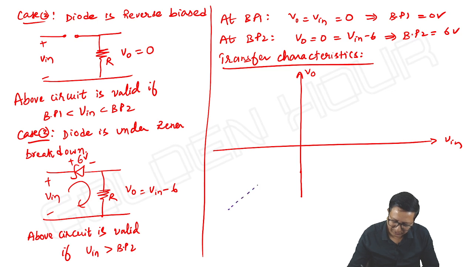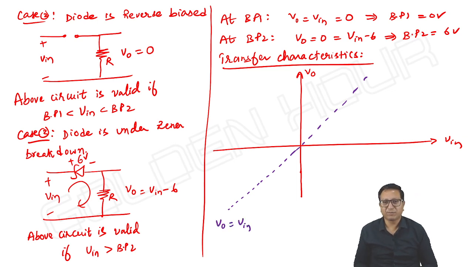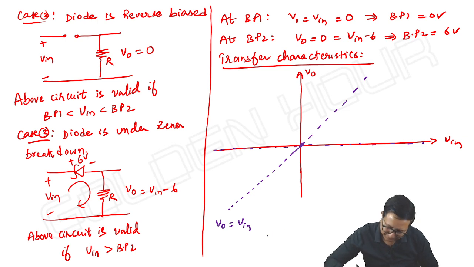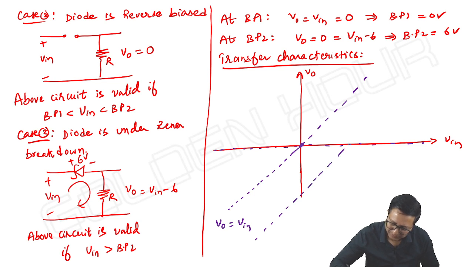It is a straight line passing through the origin. First one, input less than breakpoint 1. Next, second one, output is equal to 0, that is y equals 0, meaning the x-axis. Here we can see one breakpoint. And the third one, output is equal to input minus 6, means it appears like a straight line parallel to the previous one.